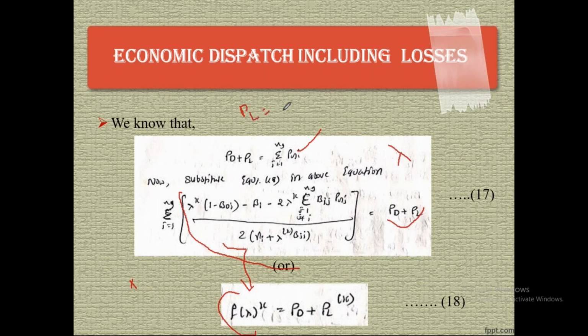So PL is equal to 0.028 Pg1 plus 0.032 Pg2 plus, like that they will give. While changing Pg1, Pg2, Pg3, the power loss value also changes, right? So the power loss value should be changed based on the iteration and the Pgi values. And here it is constant. While doing the problem, you can get clarity on how the power loss equation is represented, how they will give it, and the process we have to follow to solve the problem.